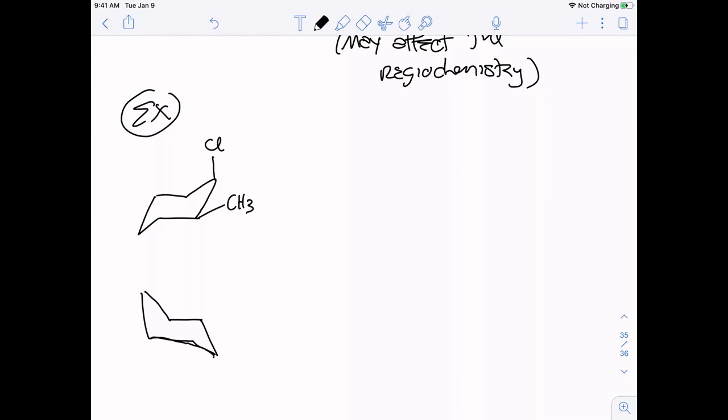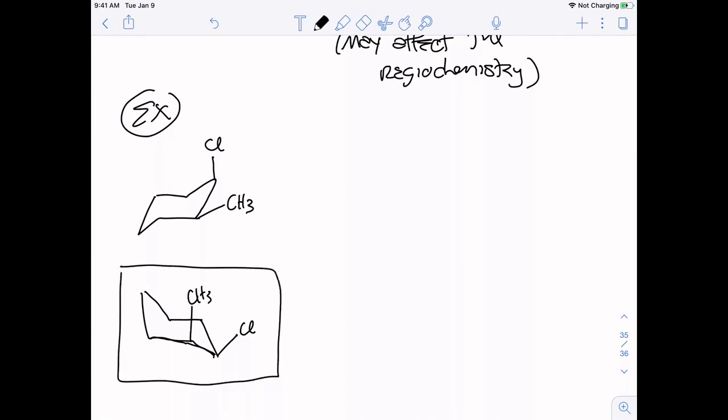So this molecule that I drew above, if I was to do a chair flip, a ring flip with it, my chlorine is here, and then this group is here. I could very possibly give you this to start. If I give you this to start, you need to do a chair flip to draw the one above because my chlorine needs to be axial to eliminate, right?